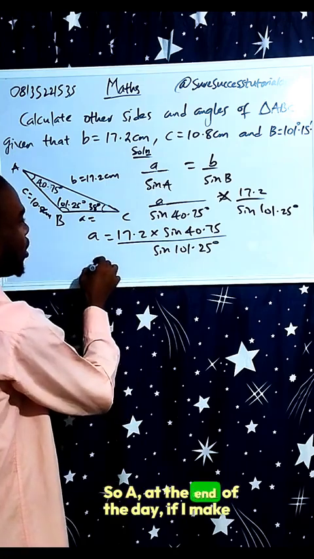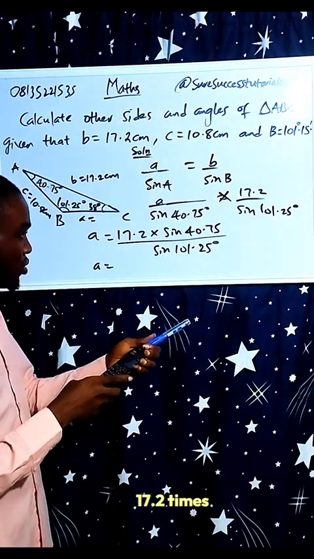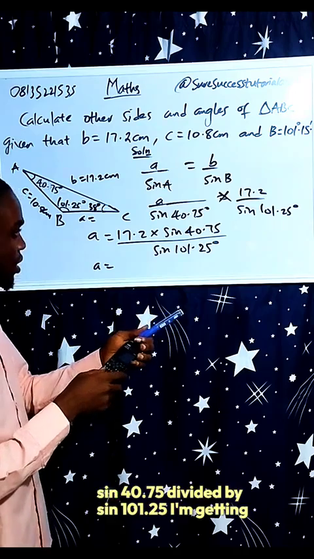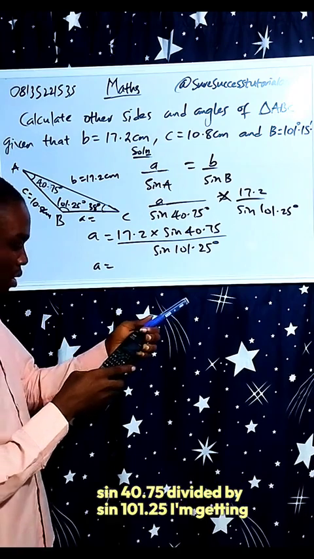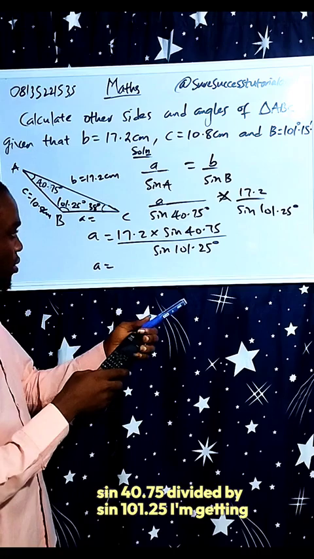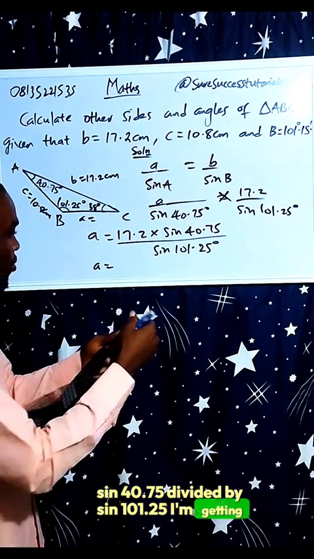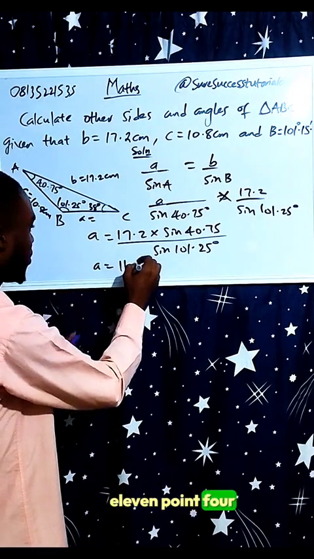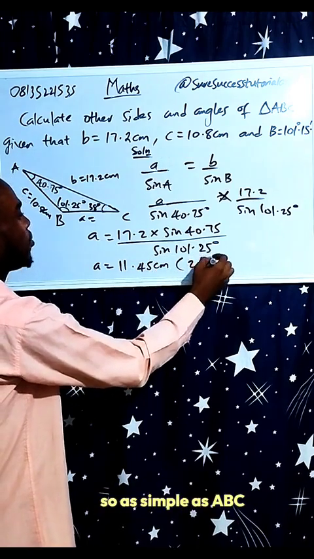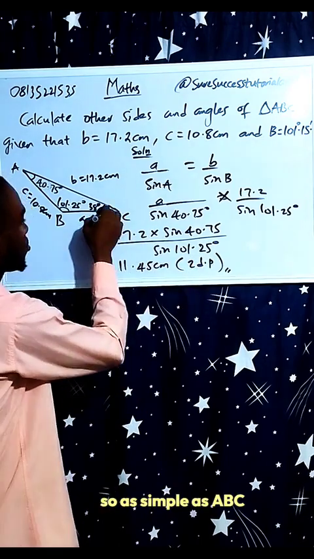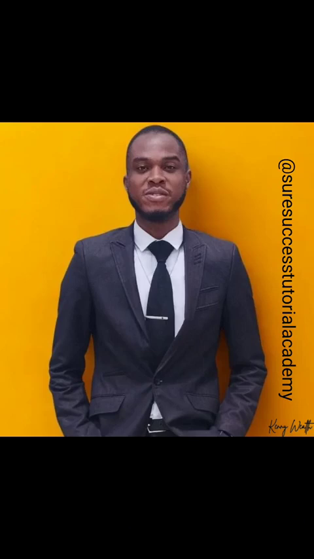At the end of the day, if I make use of my calculator, 17.2 times sine 40.75 divided by sine 101.25, I'm getting 11.45 centimeter to 2 decimal places. So, as simple as ABC. What is worship without you, maker?